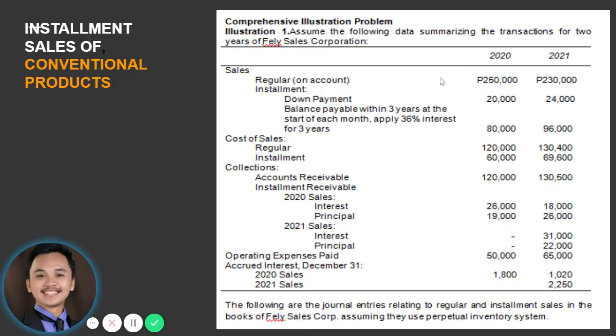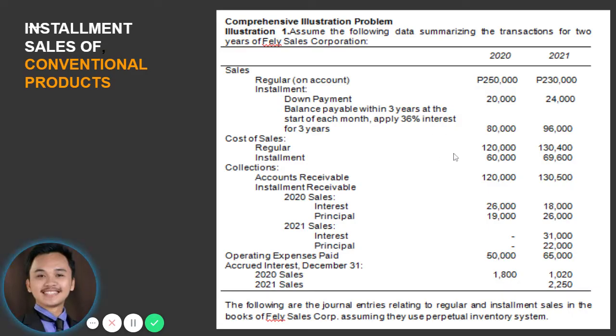So we have here sales of 250,000 for regular, and then total installment sales of 100,000, but there is a down payment of 20,000. So therefore, we only have 80,000 of installment sales receivable. But our total installment sales will be 100,000. Since there is already a down payment of 20,000, we will have an installment sales receivable of only 80,000.